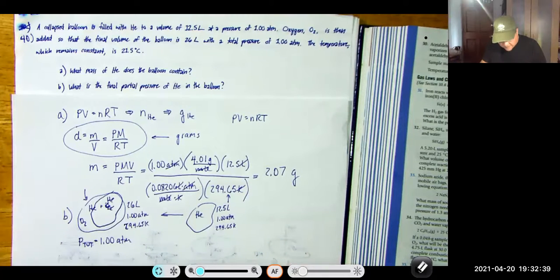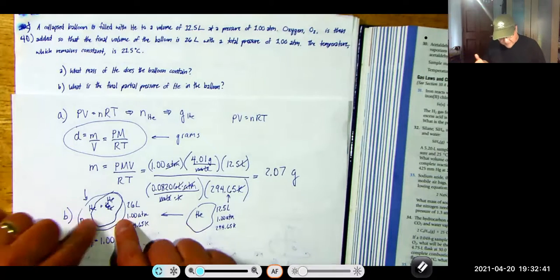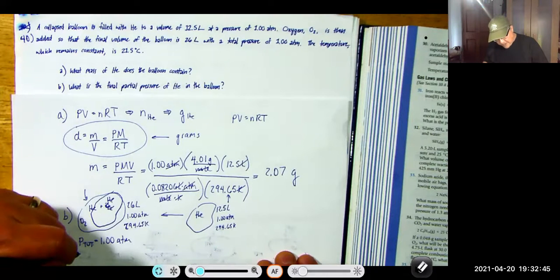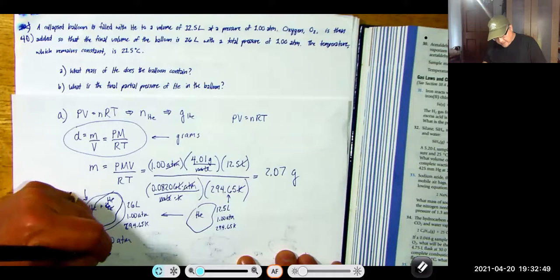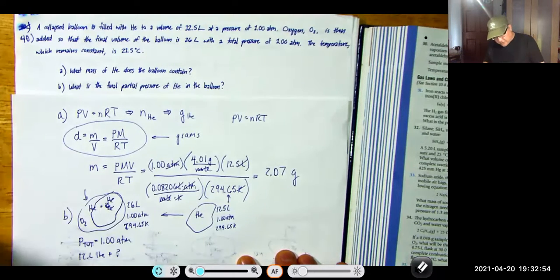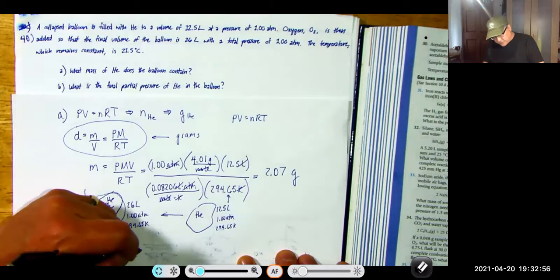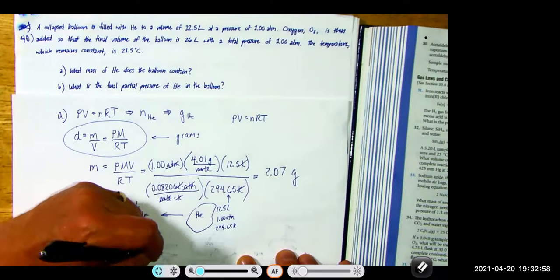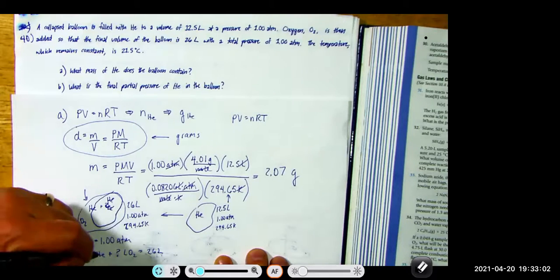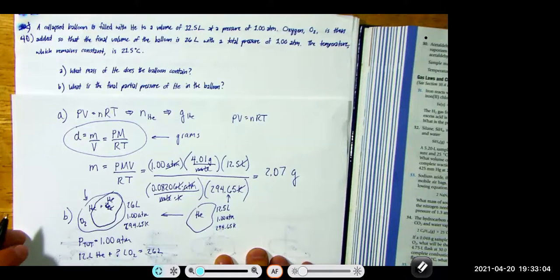So what part of this is helium and what part of this is oxygen? Well, isn't it clear that we have 12.5 liters of helium plus X liters of O2, and that's equal to 26 liters. Yeah. Now, why do I say that? Because the total equals the sum of the partials.